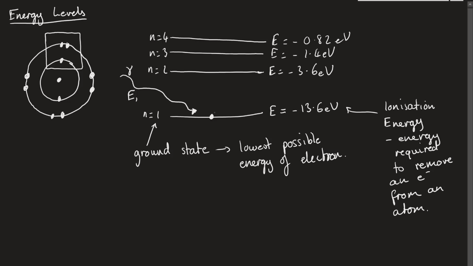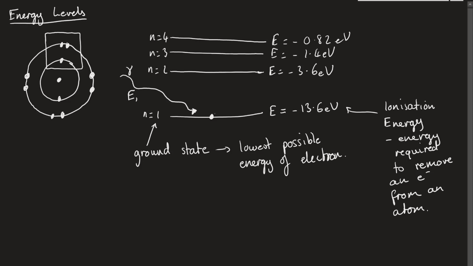Okay, if I wanted to go to 1.4, I'd have to put in 12.2 electron volts worth of energy, and it would go straight up to this. If I put in an amount between 10 and 12.2, so let's say I put 11 electron volts in, it would rise up, but it would only get to about here, and it can't be in the middle of two energy levels because it can't occupy that space, and so that one won't actually cause it to increase.